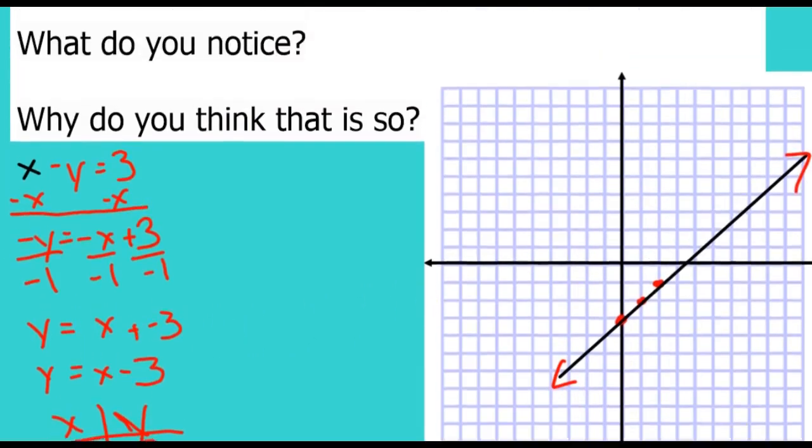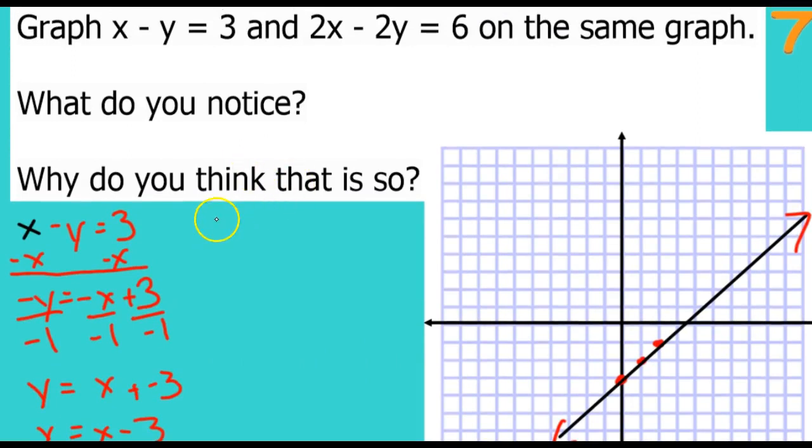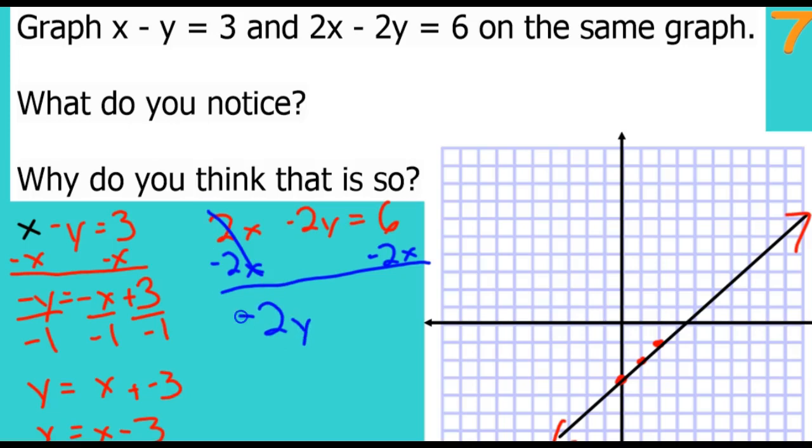Now my second line is 2x minus 2y equals 6. I'm trying to get y by itself, so I'm going to subtract 2x from both sides. We get negative 2y equals negative 2x plus 6, divided by negative 2 for everything.